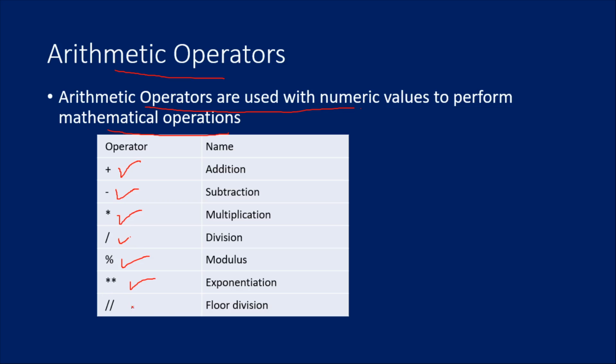If you want to do floor division, you have to use the double slash. Floor division means once you do a division, if you want the quotient result as the nearest whole number, then you should use that. If this is confusing at this moment, don't worry. We are going to look at a practical implementation of them now.